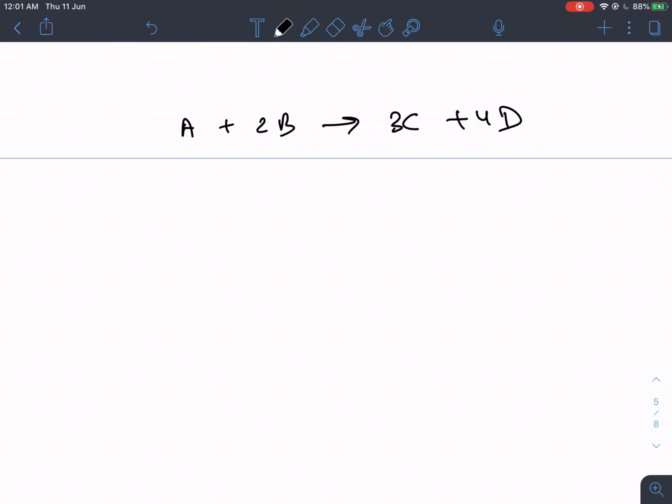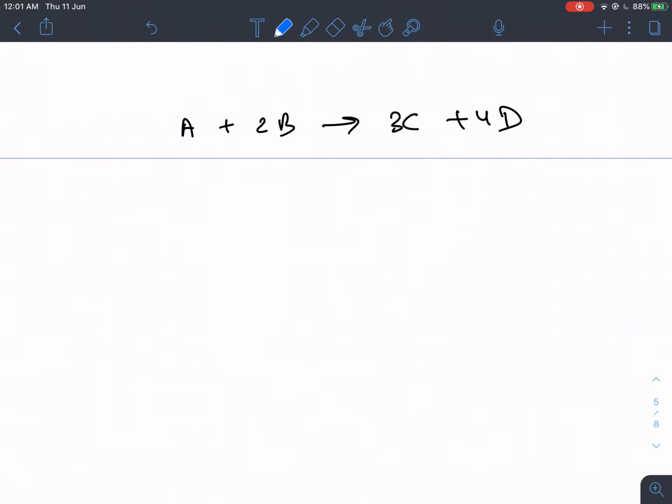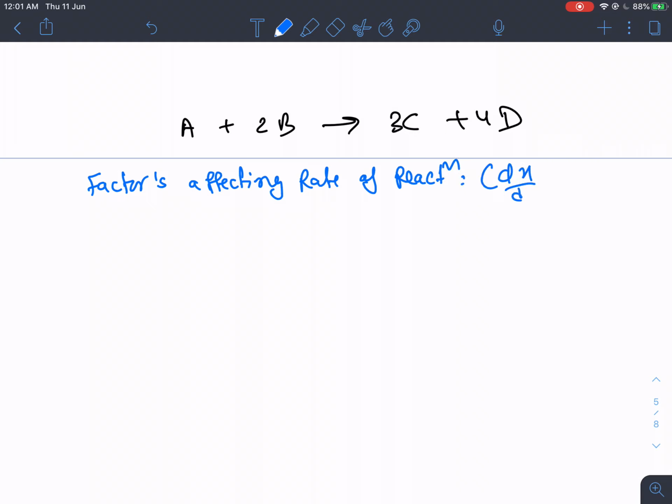So if we talk about what factors the rate depends on, it is essentially on collision, right? And collision depends on multiple factors. So, factors affecting rate of reaction dx by dt.